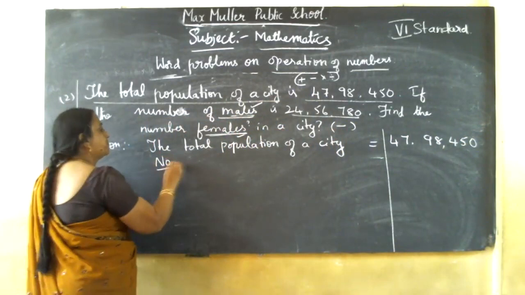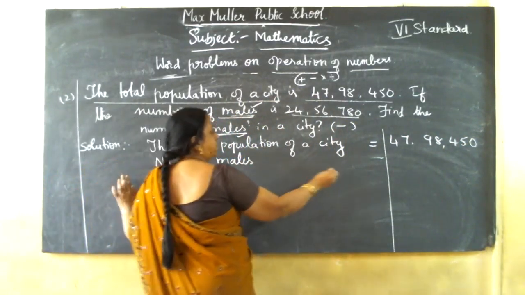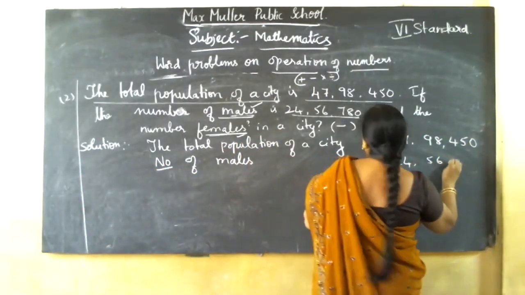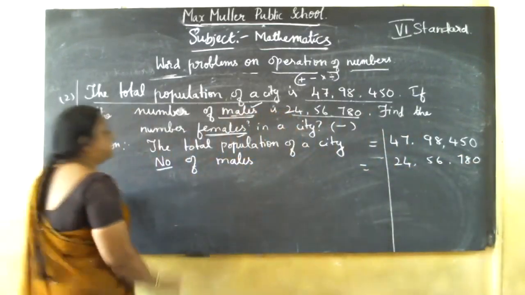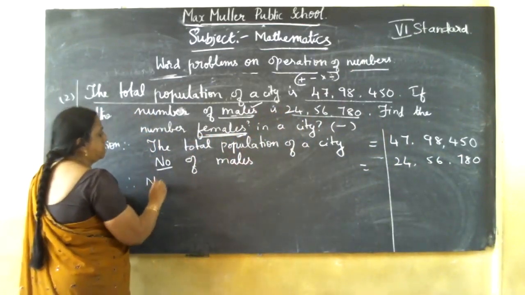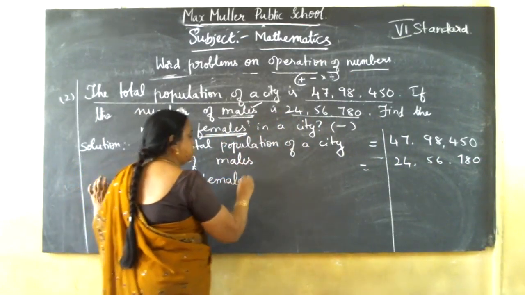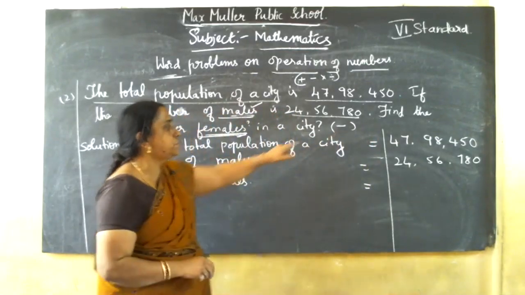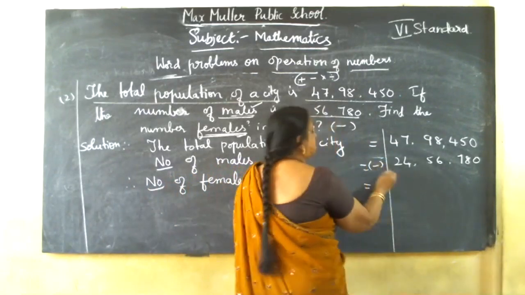Number of males equal to 24,56,780. Now you should find the number of females. Therefore, number of females equal to, they asked to find other, so which operation? Subtraction. Subtract this and you will get the answer.